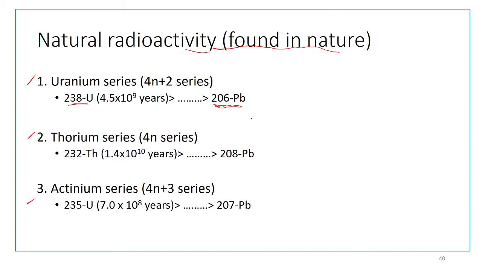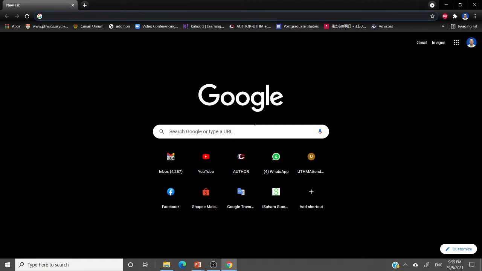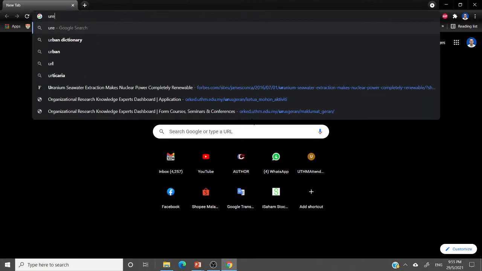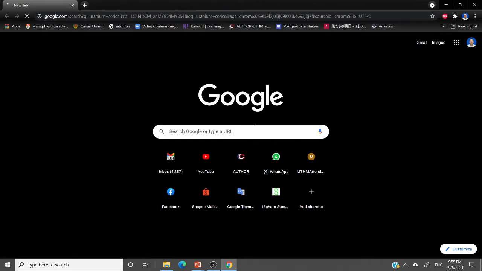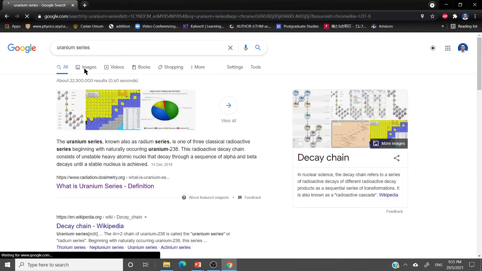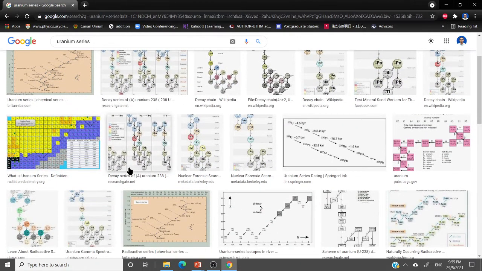To visualize this series, you can Google it. Try Googling uranium series. Let's choose a good image.